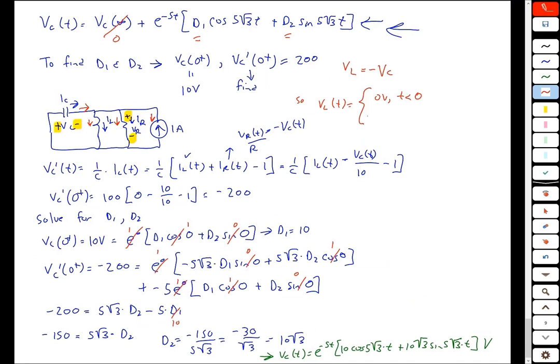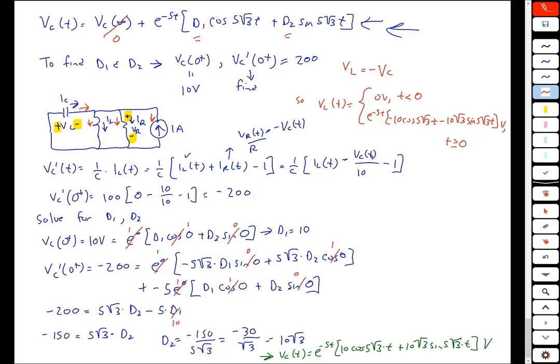So it's going to be e to the minus 5t times minus 10 cosine of 5 square root of 3t minus 10 square root of 3 sine 5 square root of 3t. And that's valid for t greater than or equal to 0 seconds.